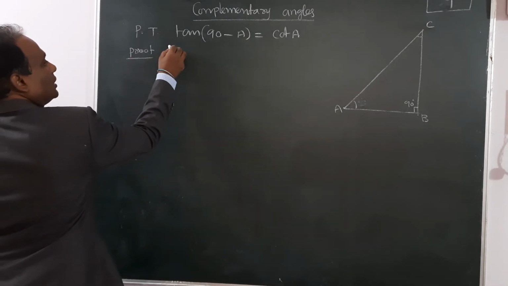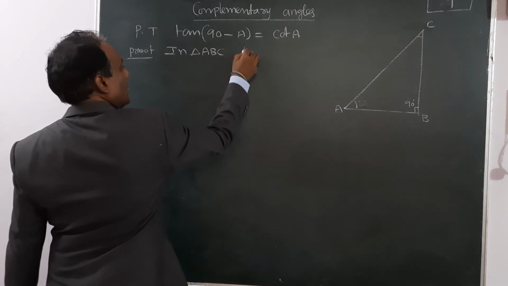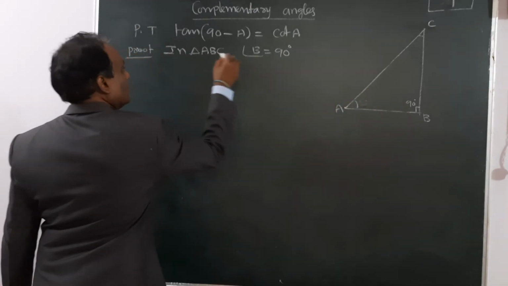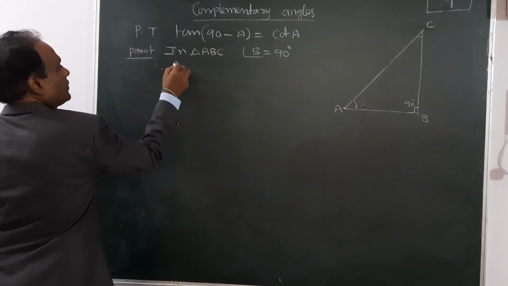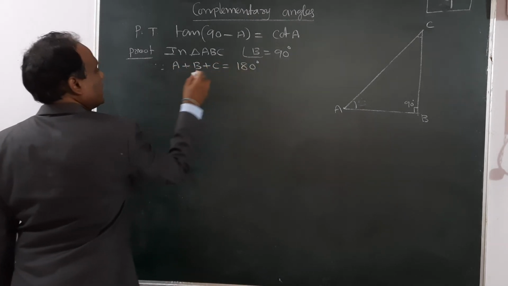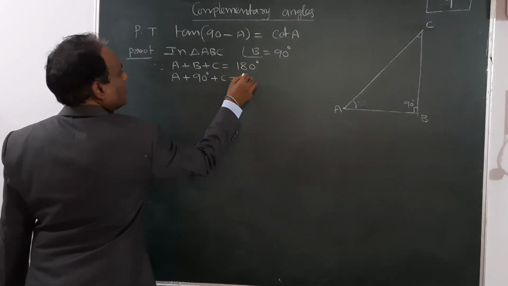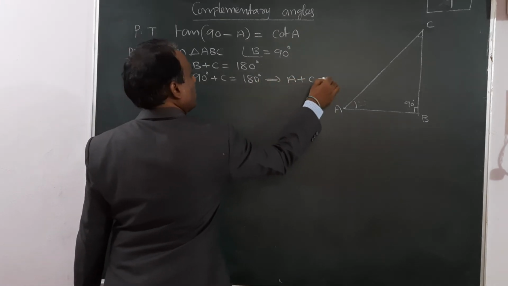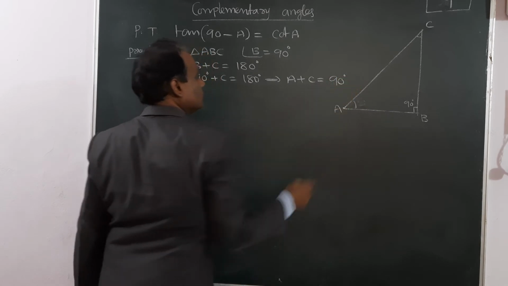Proof. In triangle ABC, angle B is 90 degrees. Since A plus B plus C, sum of 3 angles is 180 degrees, in that B is 90 degrees, so A plus C is equal to 180 minus 90, 90 degrees.